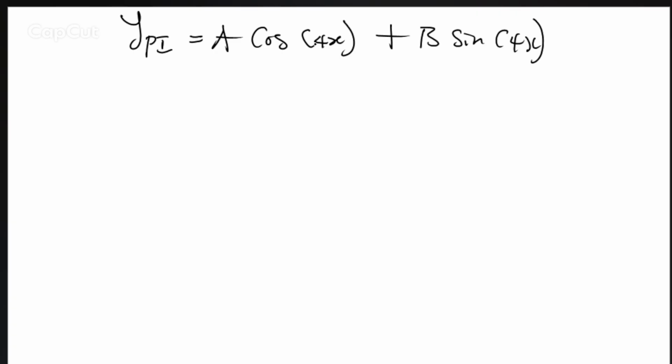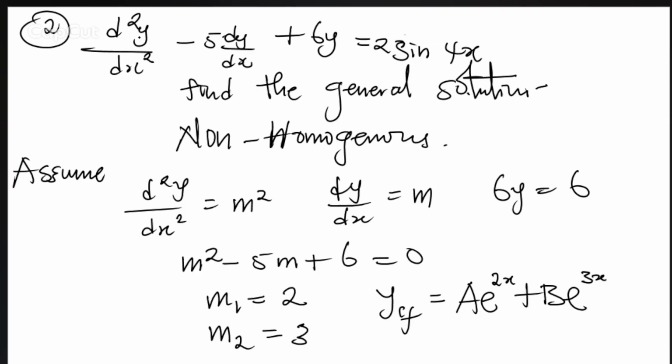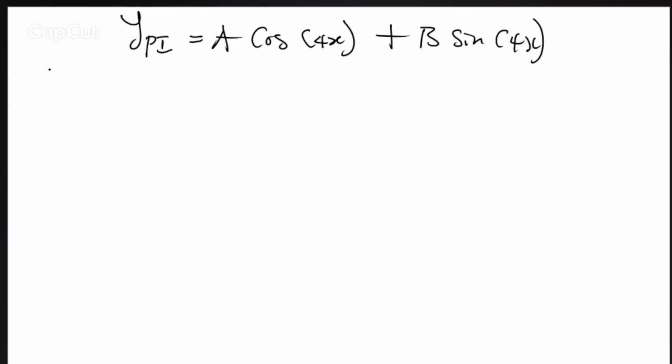Now after doing that, what do you do first? The first thing is to differentiate. Why are we differentiating? We are differentiating such that we can achieve a balanced equation as our given differential equation. So we are going to differentiate this equation twice. We are differentiating the first one, which is dy/dx.